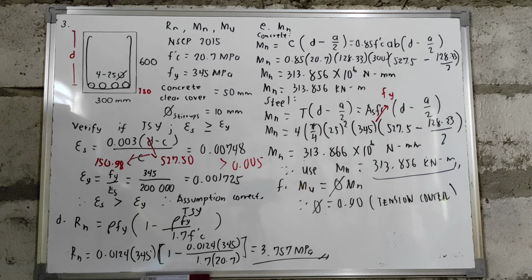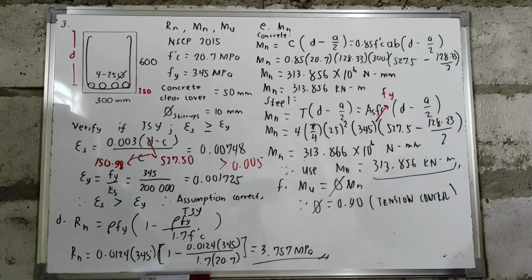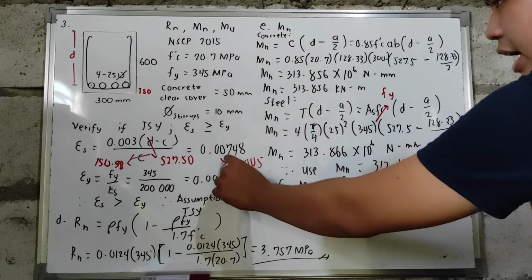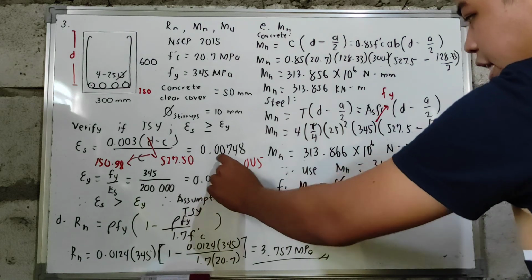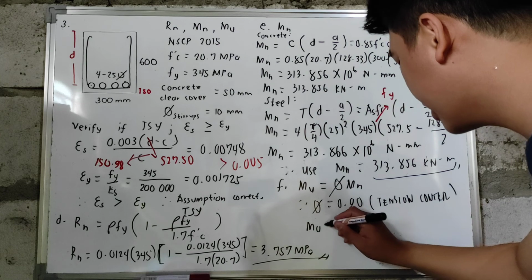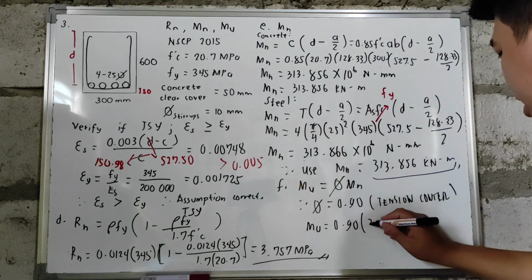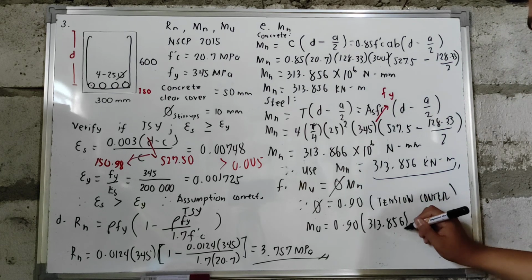Kapag naman compression control and transition control, as discussed naman dun sa module natin. So, yung MU, that is 0.90 multiplied by M sub N natin na 313.856 kilonewton meter.